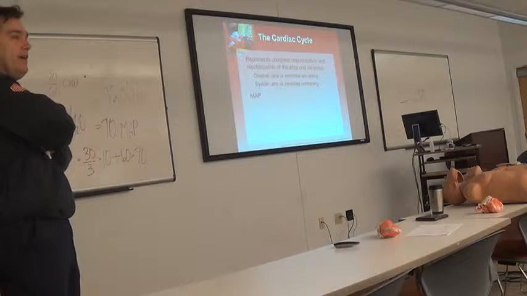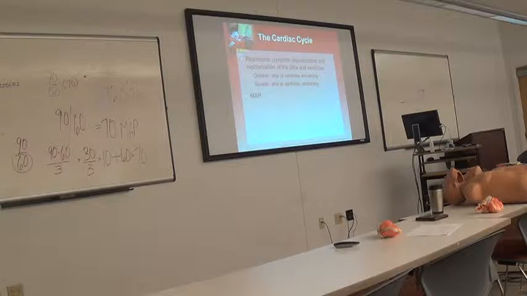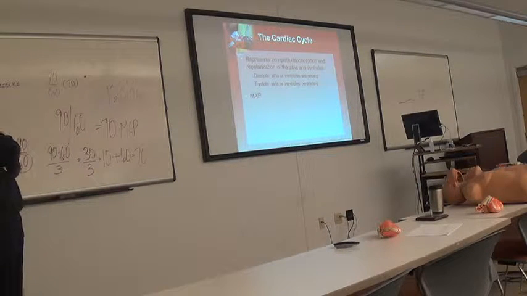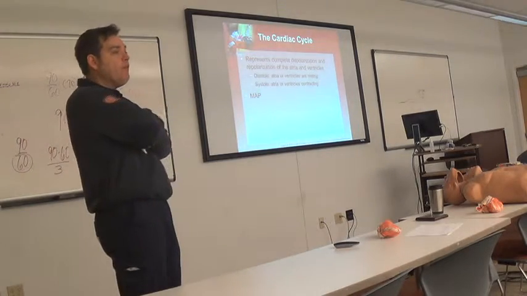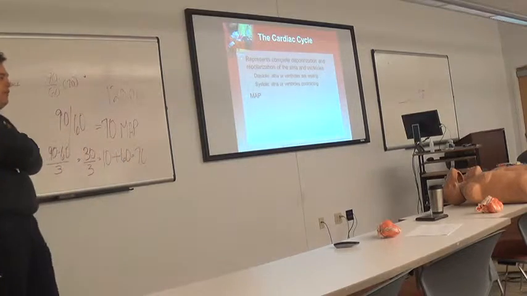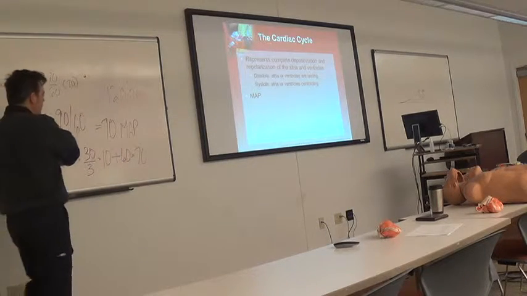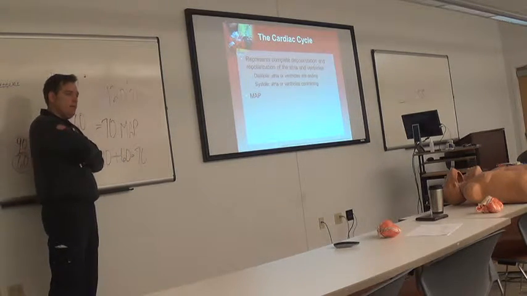Right, exactly. So if the differences between the systolic and the diastolic vary, then that's going to affect my mean arterial pressure. So my point of bringing up mean arterial pressure is that I can have a blood pressure of 162 over whatever, and if that difference is great, my mean arterial pressure could be less than 70.